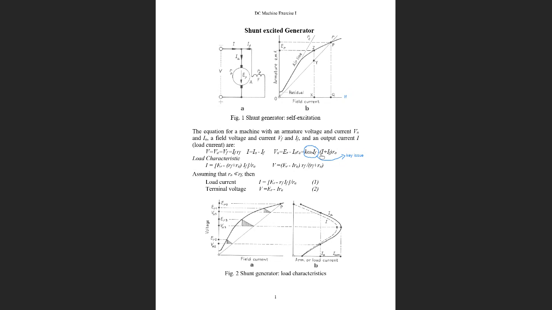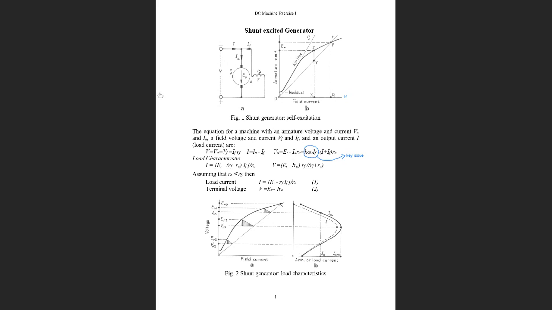First, the loading current. Look here, I is the loading current. From here, the loading current is the internal generated voltage, minus the field circuit resistance times the field current, all over the armature resistance. This can easily be derived from the equation above.